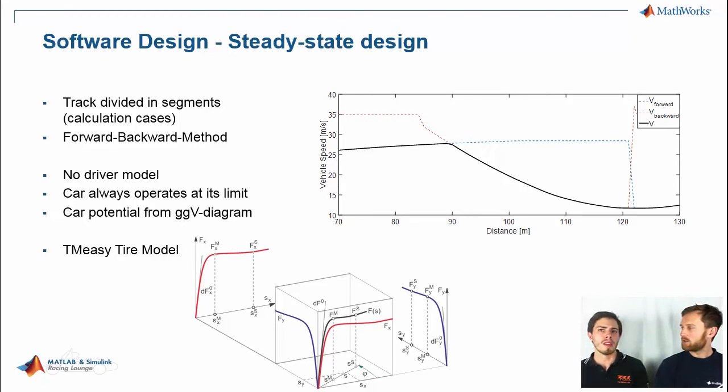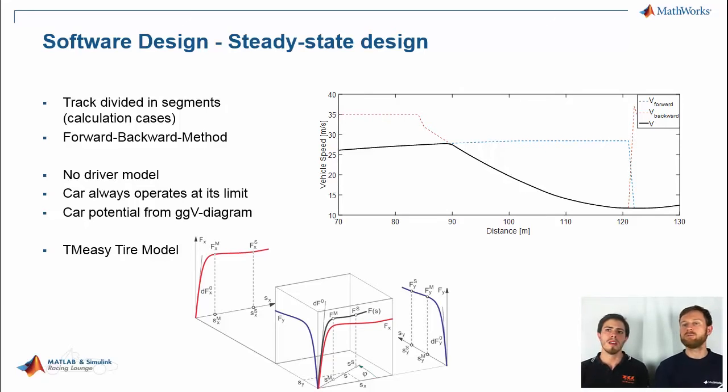At the apex, because the corner radius is minimum, we only want lateral acceleration, and the highest velocity that we can use in lateral acceleration without accelerating forward. And this information comes from the ggV diagram.